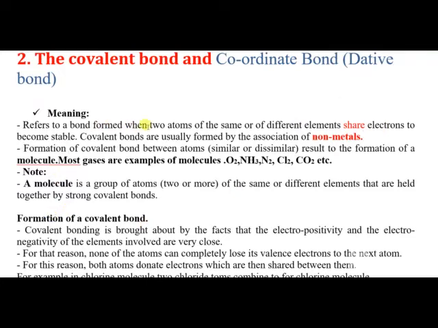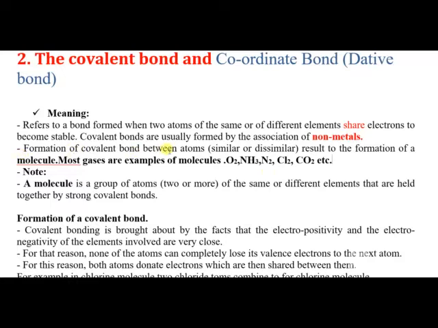A covalent bond refers to a bond formed when two atoms of the same or different elements share electrons to become stable. Covalent bonds are usually formed by the association of non-metals. Very important. Now, imagine you don't know what a non-metal is. You don't know examples of non-metals. How will you tell that this one is a covalent bond?